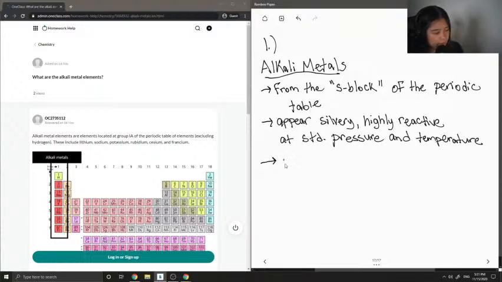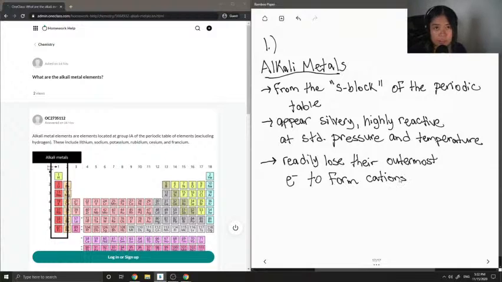Alkali metals are also known to readily lose their outermost electron to form cations. If you don't remember what cations are, they're basically positively charged ions. Some examples of alkali metals are lithium, sodium, which is a common one, and potassium.